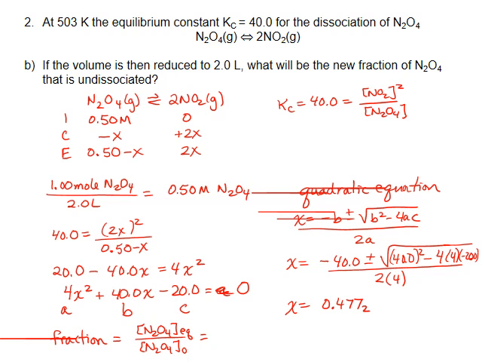The equilibrium concentration of N2O4 is actually 0.5 minus x, which is 0.0228 molar.